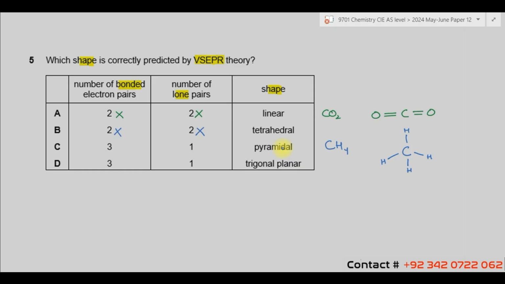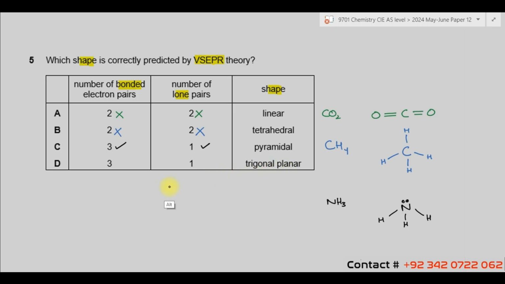Then we have third example, pyramidal. For pyramidal, we can take ammonia. In ammonia, nitrogen makes 3 bonds with 3 hydrogen atoms. And we have a lone pair. So 1 lone pair, 3 bond pairs and pyramidal. C seems to be correct one. Then we have trigonal planar.